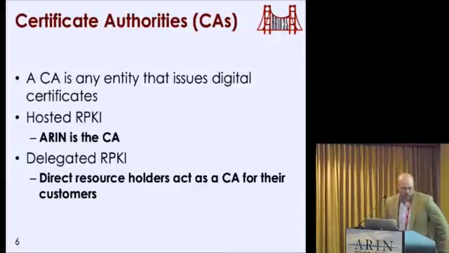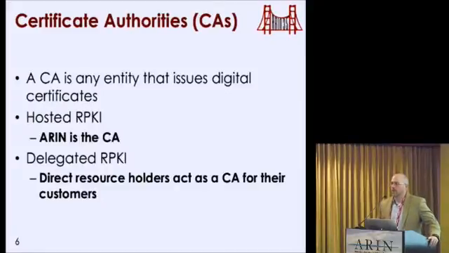So in the RPKI, there are 2 types of CAs. This isn't actually clearly spelled out in the RFCs. But this is kind of an artifact of the ecosystem that has developed. We have what's called hosted CAs and delegated CAs. Hosted CAs are essentially run by the RIRs on behalf of their members.